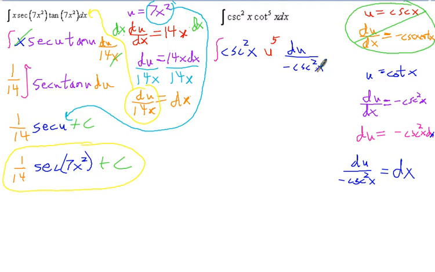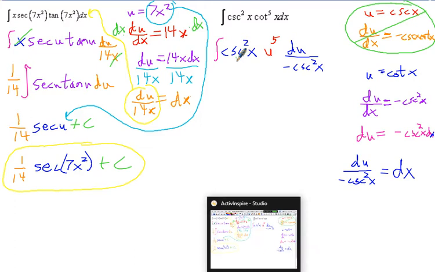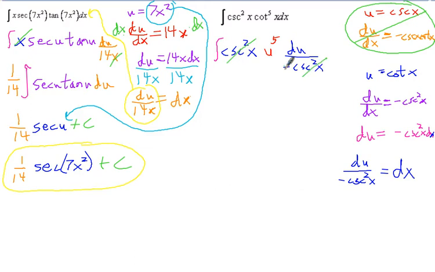So you can see this time the cosecant squareds are going to cancel out. We can pull a negative on the outside, and then all we're left with is u to the 5th times du. So now we've turned a more complicated integral into a simple one. So again, we have negative, and then u to the 6th over 6 plus c.